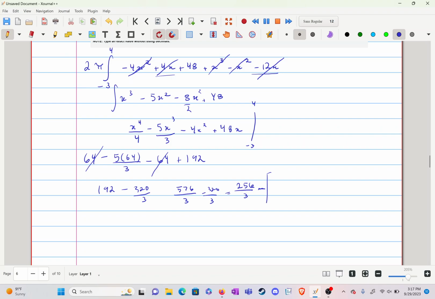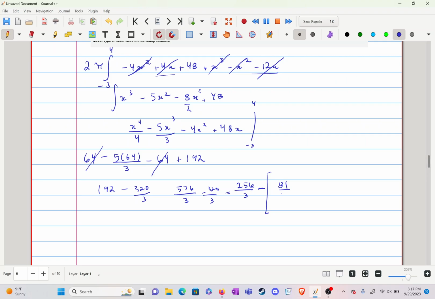So we get that negative, get that bracket. Negative 3 to the 4th is going to be a positive 81 over 4. Let's double check that. 3 squared is 9. 3 cubed is 27. 27 times 3 is 81. Okay.